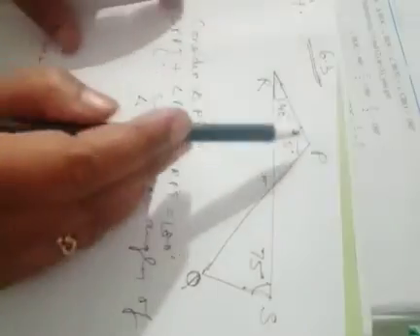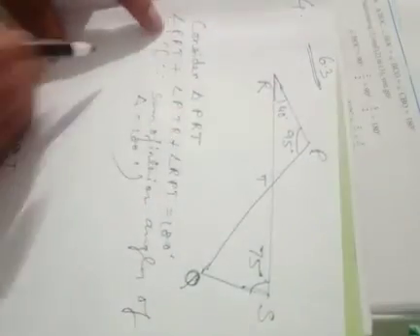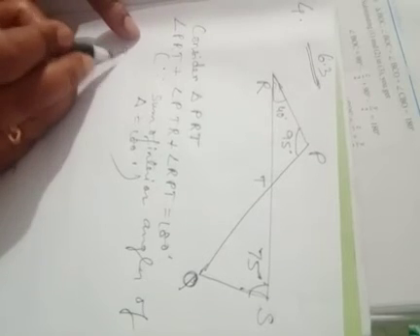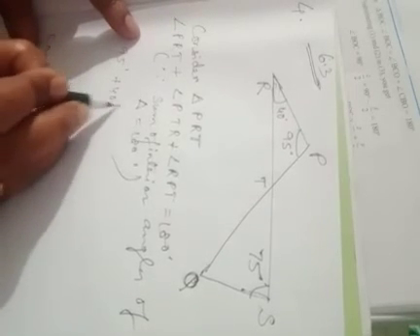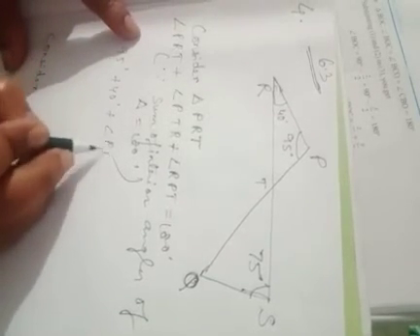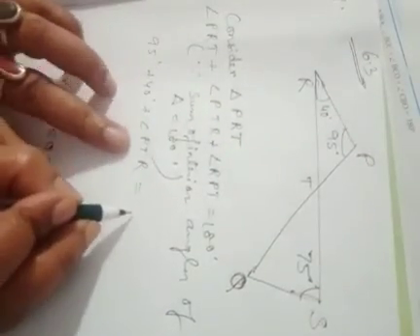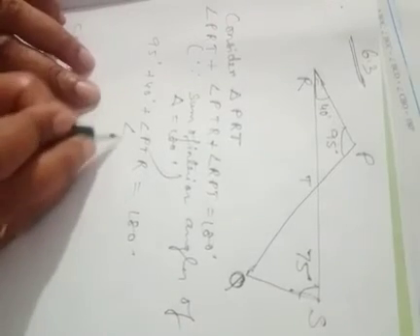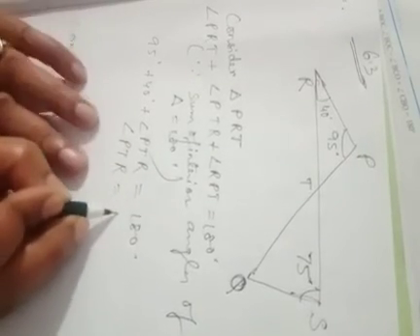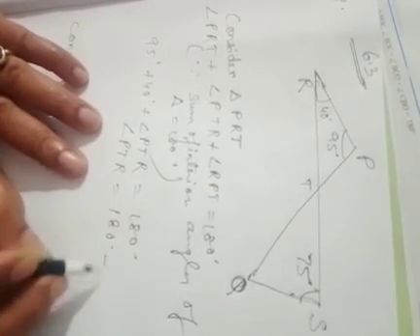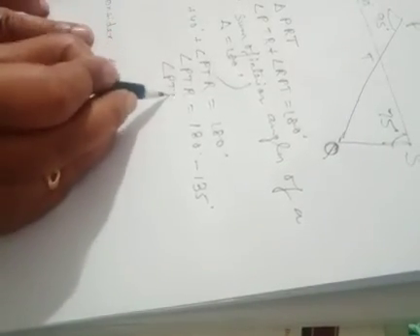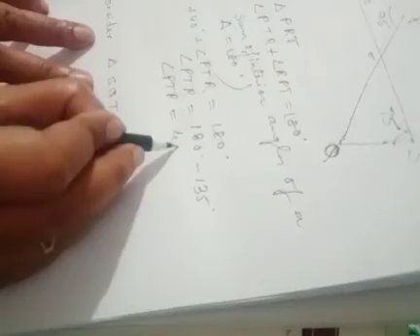Now putting the value of PRT and RPT, we get 95 degrees plus 40 degrees plus angle PTR is equal to 180 degrees. So angle PTR is equal to 180 degrees minus 135 degrees, that is equal to 45 degrees. Therefore angle PTR is equal to 45 degrees.